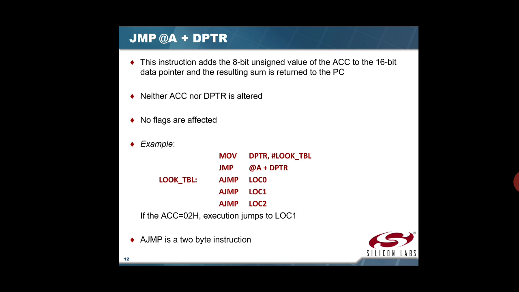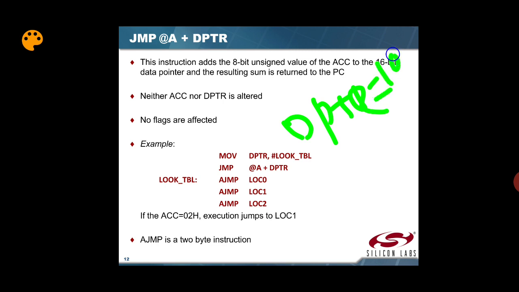Let me take the content of the accumulator as 02, and the content of DPTR as 1000. Now DPTR is loaded with 1000. 1000 plus 2 is 1002, so the jump will go to location 1002 and execute the instruction there.